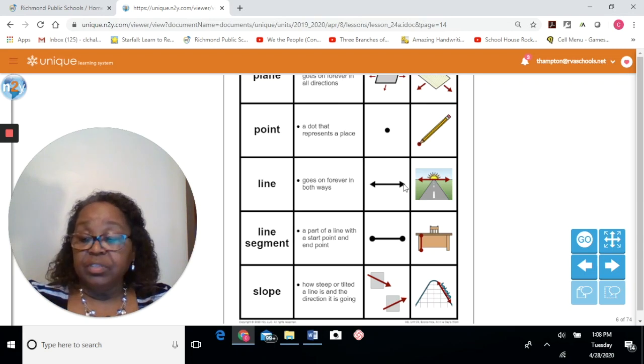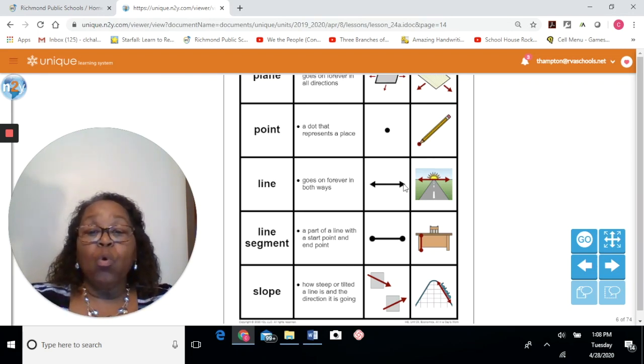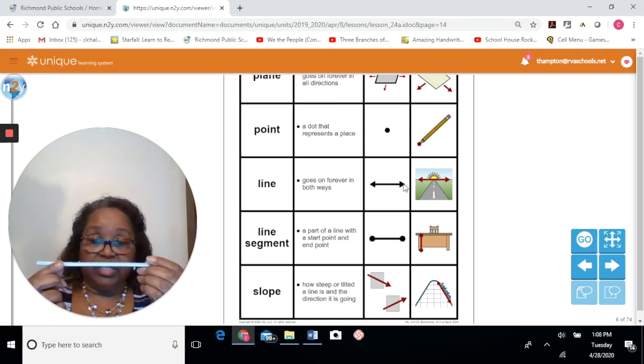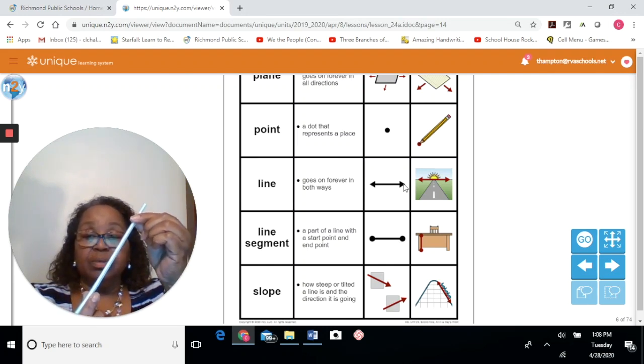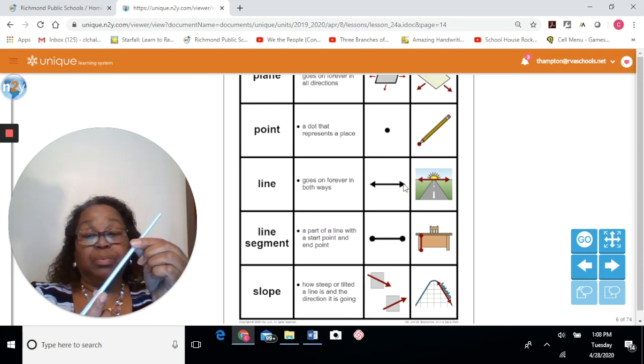Okay, and then we have a slope. A slope is how steep or tilted a line is. So this line has a straight slope. This is a tilt. This is really steep. When you go upstairs, there are some stairs that are very steep, and it hurts your legs to walk up.